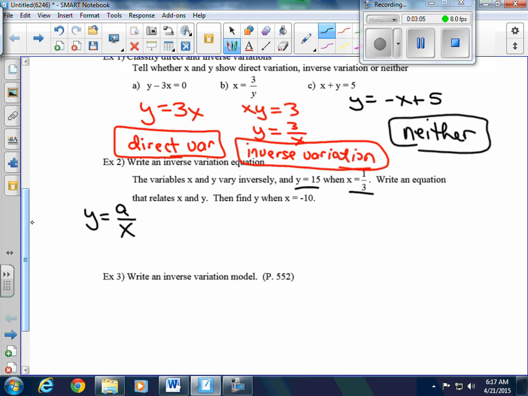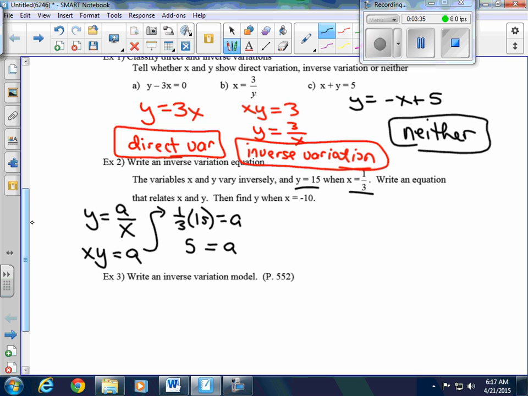Well, the easiest way to do this is solve it for a, because we want to know what a is. Multiply both sides by x, and so we have xy equals a. Well, that's going to make it super easy to find out what a is, because x is 1/3, y is 15, that equals a, so a equals 5.